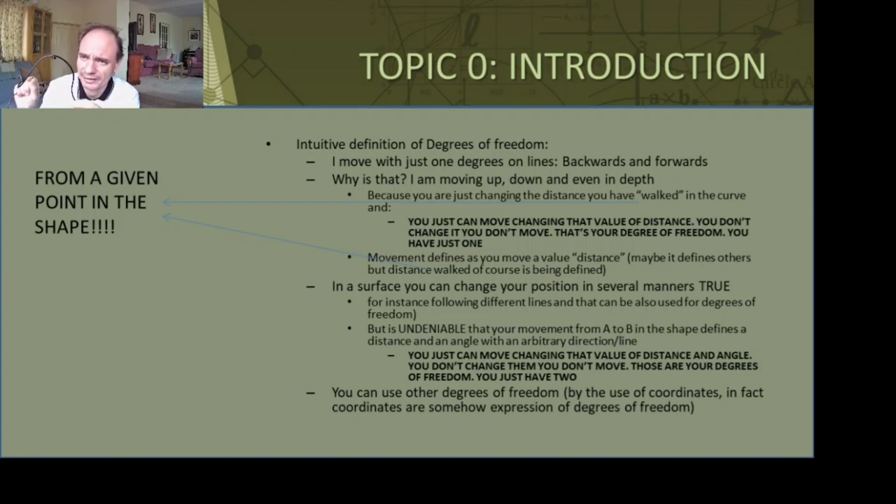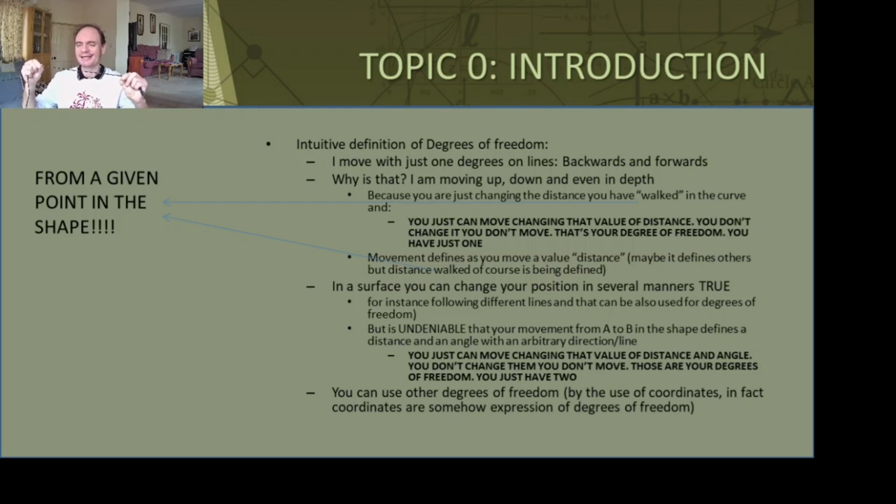Why is that? Why is it actually true that we can move only backwards and forwards? Let's see it. I think we put emphasis on the idea of just moving backwards and forwards in the curve, despite being able to move horizontally, vertically, and in depth, because we say that the path described as I move on this line is identical to the path I make as I move on this other straight line.